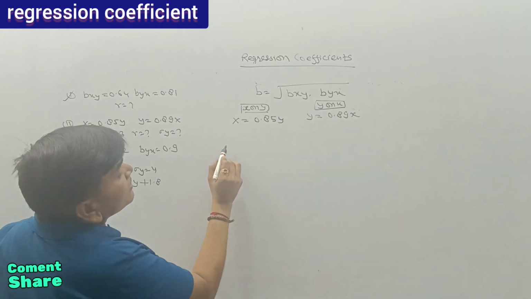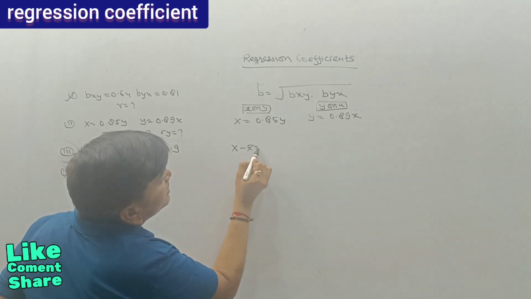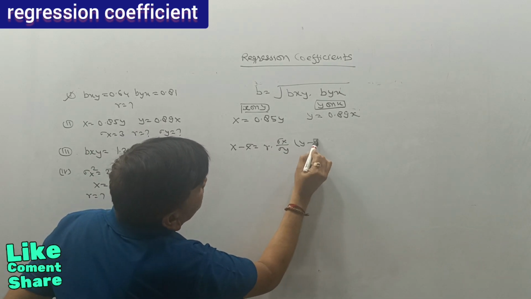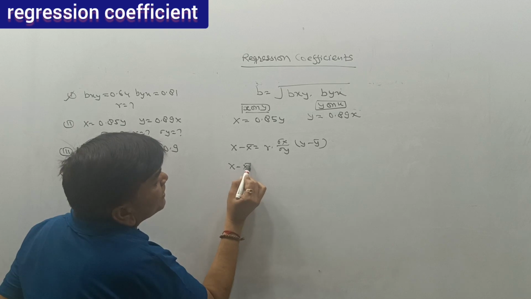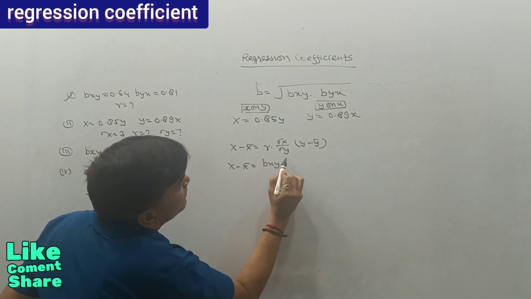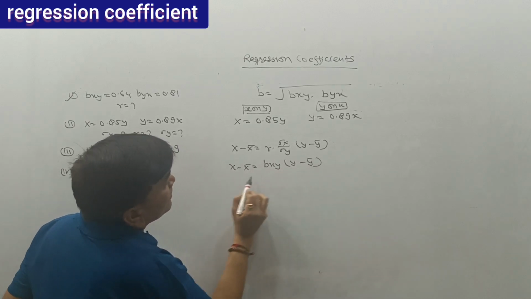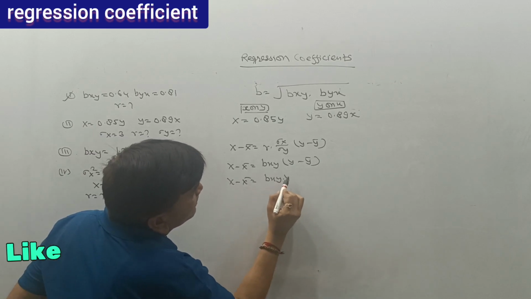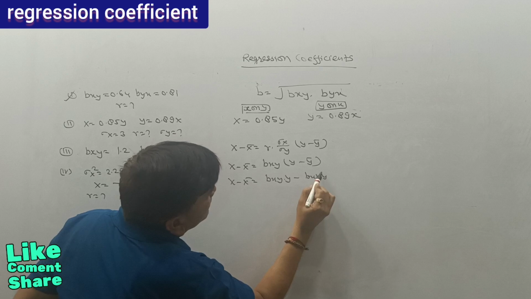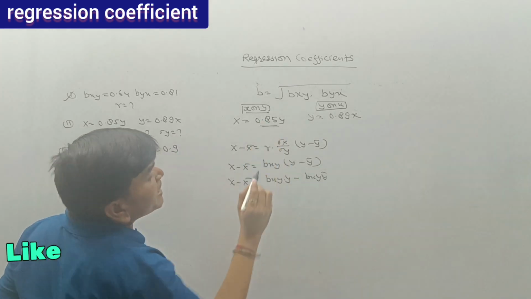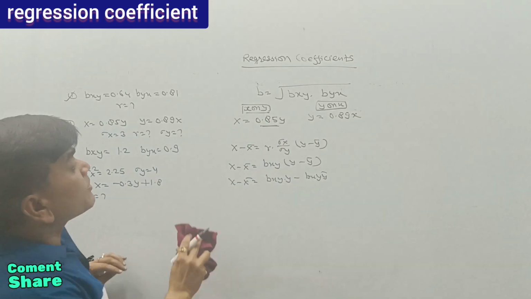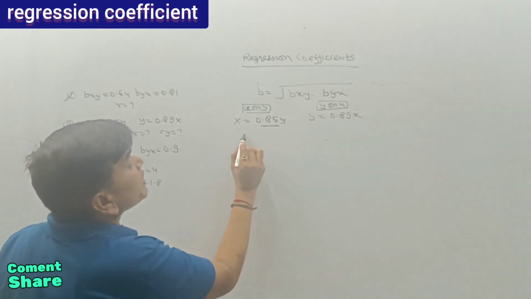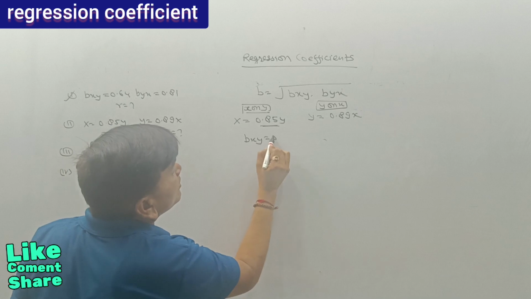As we know, x minus x bar equals r sigma x over sigma y times y minus y bar, or x minus x bar equals bxy times y minus y bar. So it means bxy is given to us, and the value of bxy is 0.85.